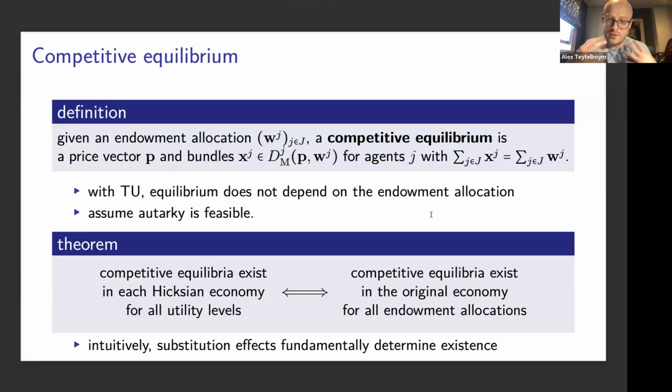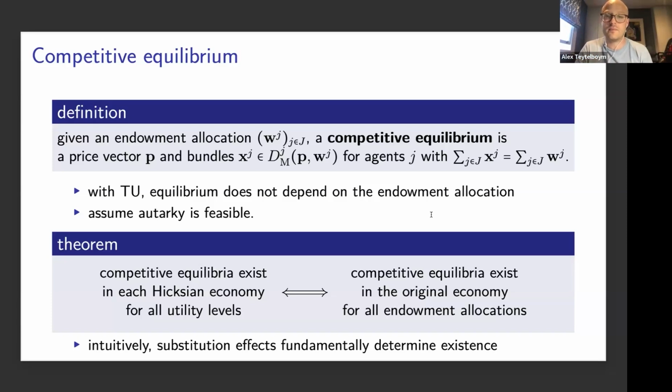But I think an interesting takeaway for an economist is that income effects on their own do not determine whether or not equilibrium exists. They can affect what allocation you end up with. They might affect exactly what the prices are going to be and how agents feel about it, but not the question of existence.